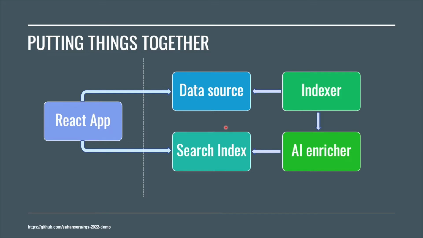The indexer will fetch the data from the data source and run through an AI enricher to augment the dataset. Sometimes you would have the indexer embedded inside the search index itself as a separate process, but you get the idea. And then finally, we have the search index hydrated with the final output. Then we can use the React app to query that data and give the results back to the user.